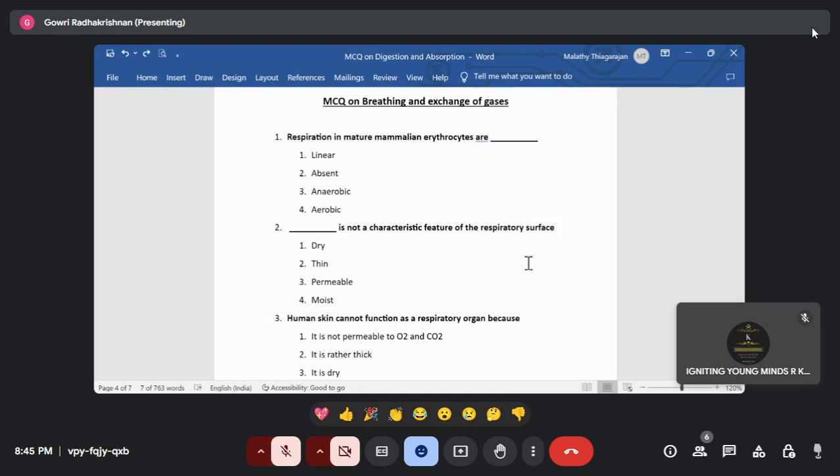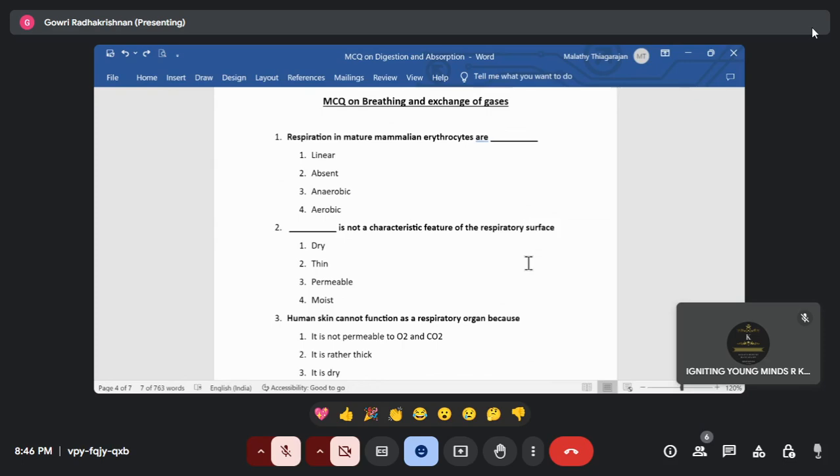Nucleus, ma'am. Yes. So when it does not have a nucleus, what will it not have? It does not have mitochondria as well, isn't it? So when it does not have mitochondria, what kind of respiration is possible?